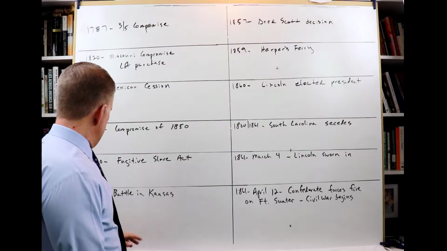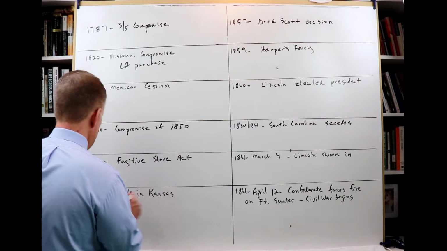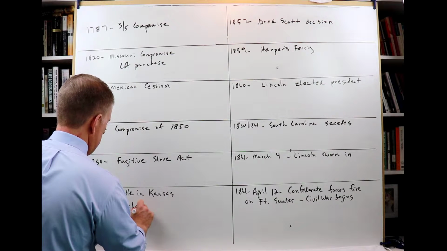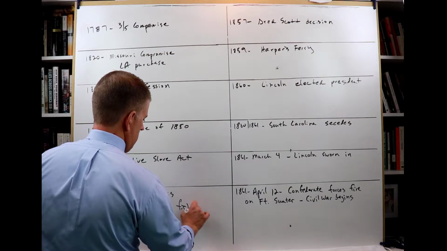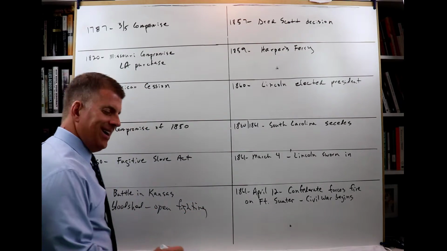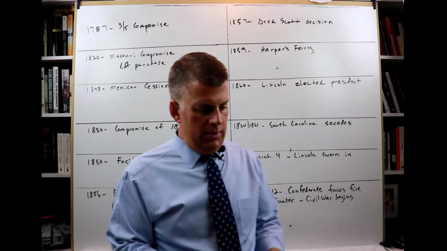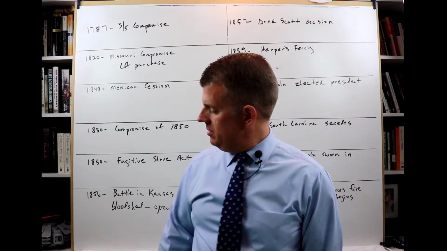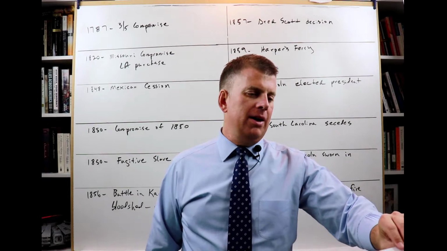Okay, they're building, and then we get to the Battle of Kansas, 1856, and we have bloodshed. We have open fighting here between slave supporters, right, supporters of slavery, and people who were against slavery. And there's open fighting, a lot of fighting. Over 200 people died.